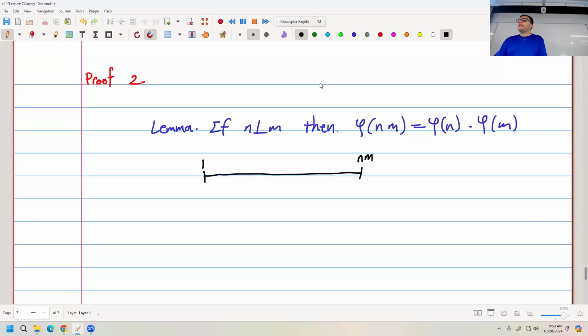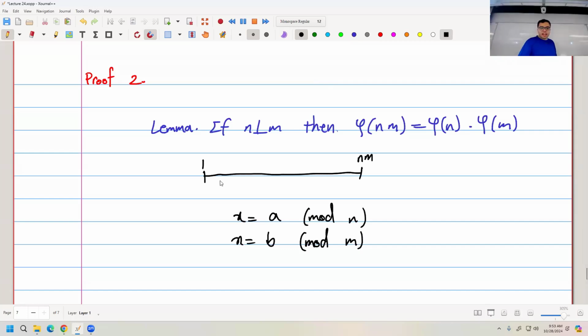I can look at the remainder modulo n and modulo m. Let's say x is equal to a modulo n and x is equal to b modulo m. We know that for any possible value of a and b, we have exactly one solution modulo nm, which means that we have exactly one solution between 1 and nm.